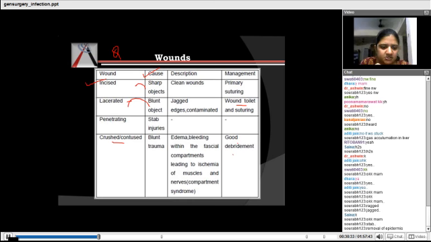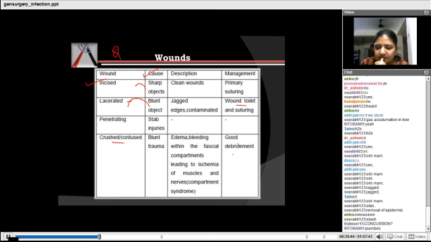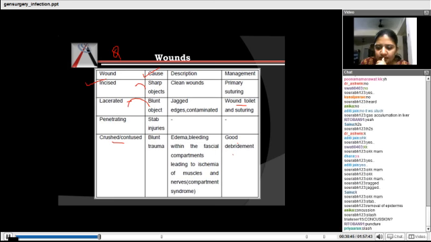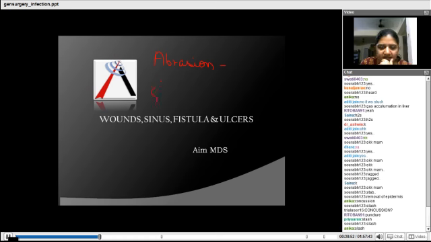We've seen laceration. Any other thing that you can remember? Concussion, contusion, okay.